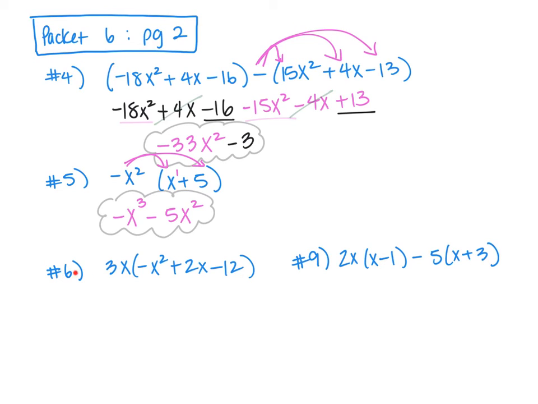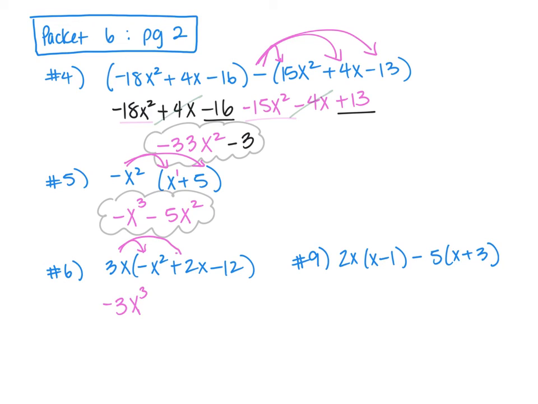All right, for number 6 here, I have a 3x on the outside of the parentheses, so I do need to distribute that. Be very careful when you distribute. I like to distribute by combining the numbers with the numbers first. So this 3 is going to be multiplied to a negative 1, so this is technically negative 3. But then this x is to the first power and this x is to the second power, so that's x to the third power when they multiply.